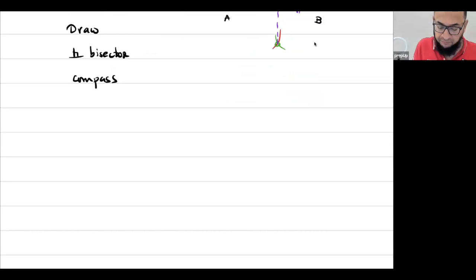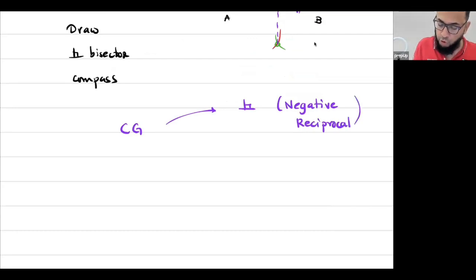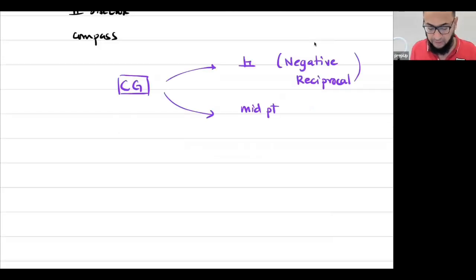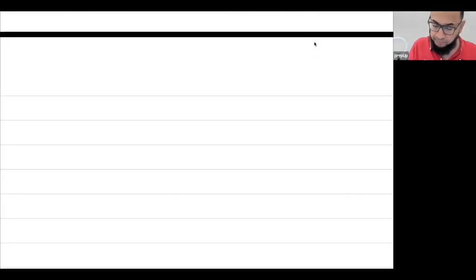Now, from the perspective of coordinate geometry, we have to take care of the perpendicular part. Remember the word negative reciprocal. And also remember the concept of midpoint. These 2 things are necessary for you to get the equation of the perpendicular bisector. So let's get started.